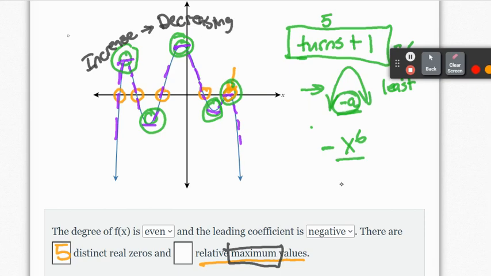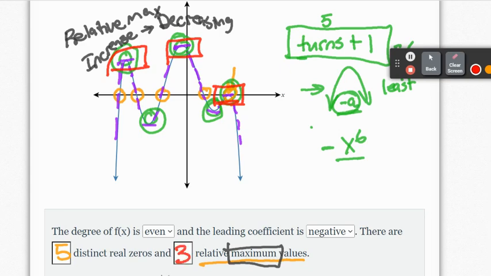Anytime it goes increasing to decreasing, you have a relative max. So that would be these ones I'm going to circle in red. This one, and this one that I've drawn over twice. There are 3 relative maximum values.